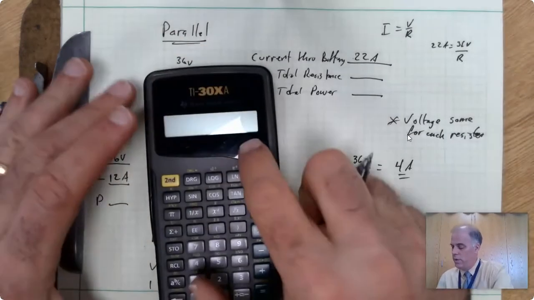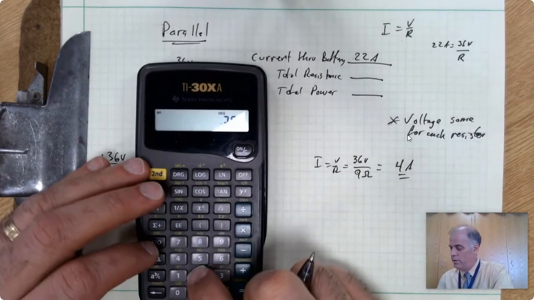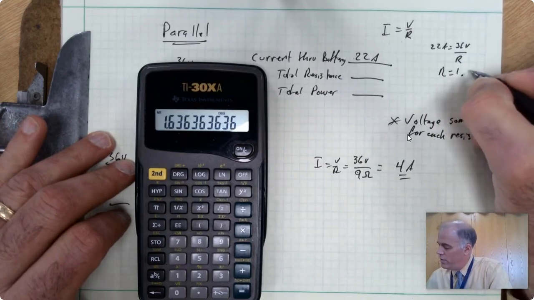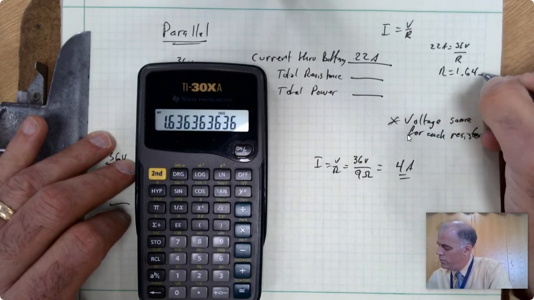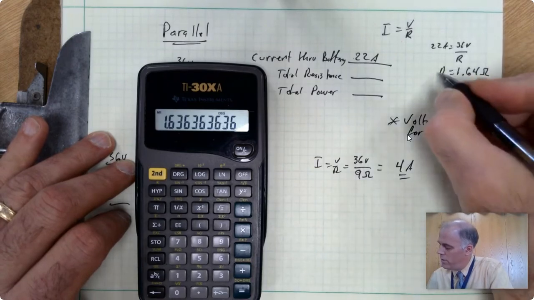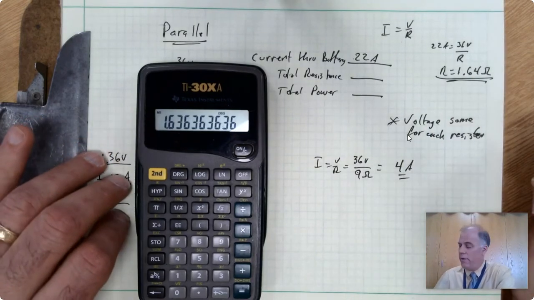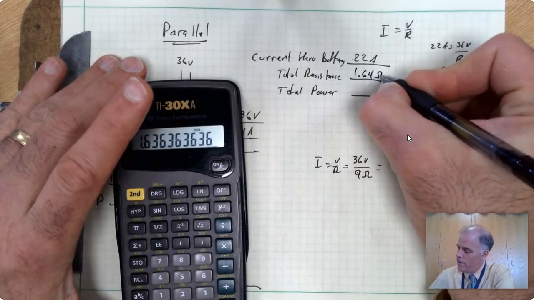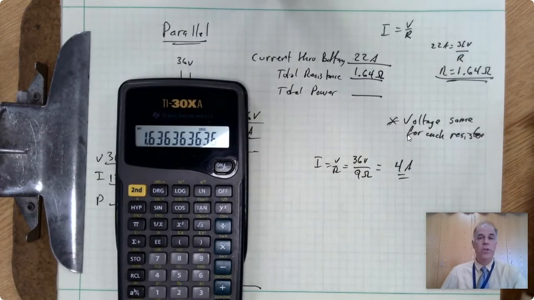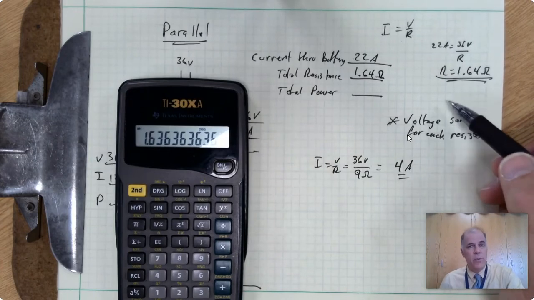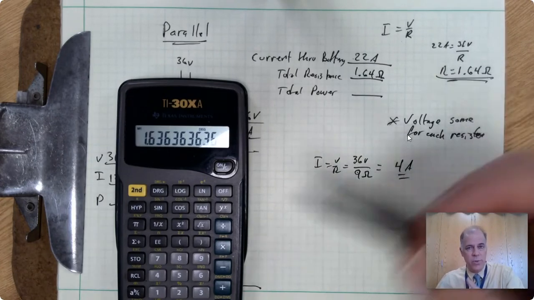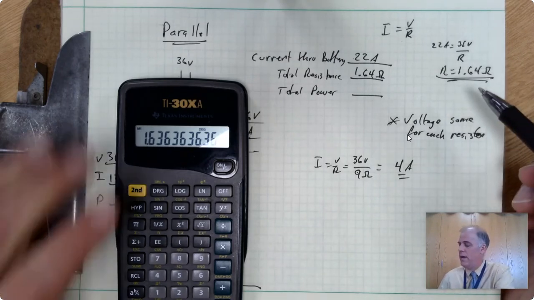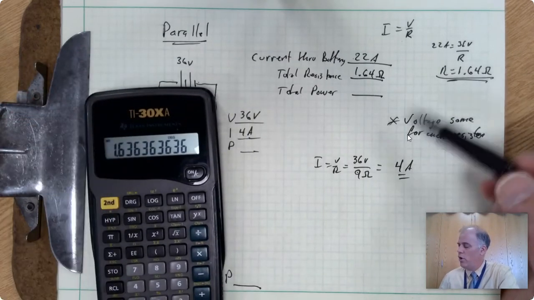And 36 divided by 22 comes out to be R equals 1.64 ohms. That is the equivalent resistance that the battery encounters, 1.64 ohms. Okay? Now I'm going to show you another way to solve that so we can back ourselves up and make sure we haven't accumulated errors somewhere along the way, but we'll come back to that at the end. I do want to show you how to solve the rest of this.